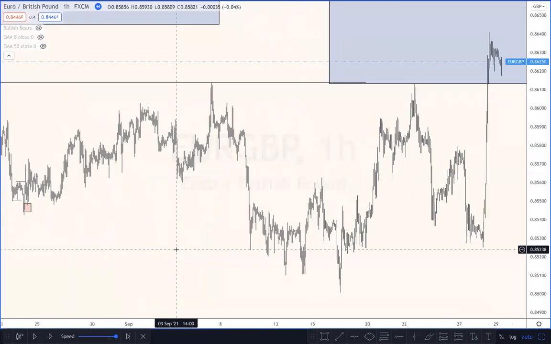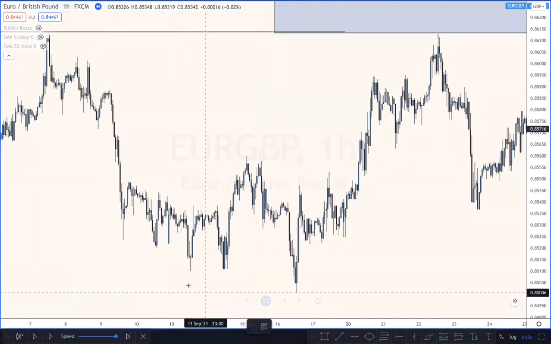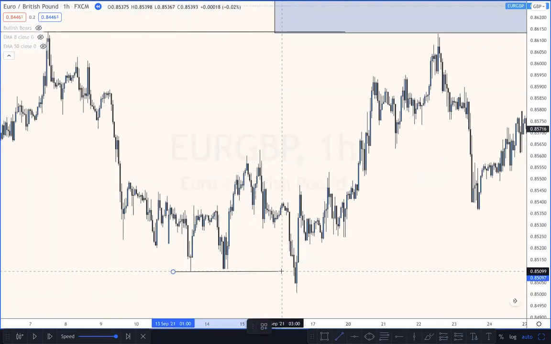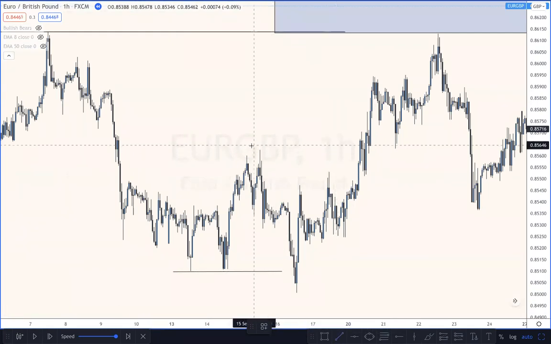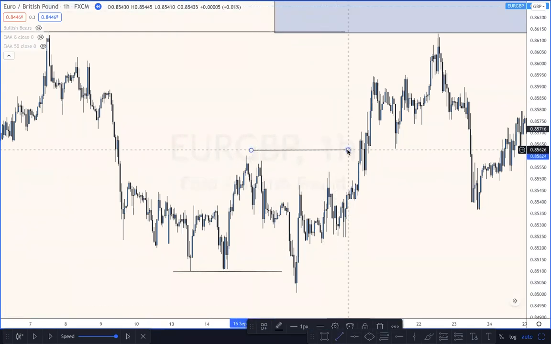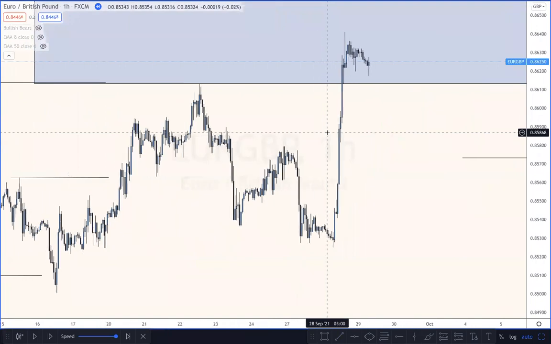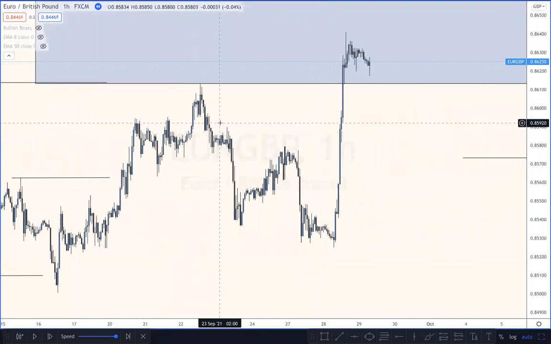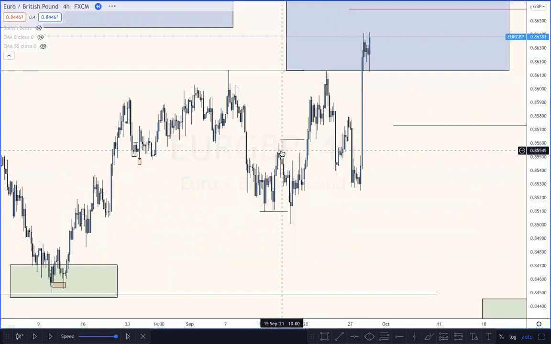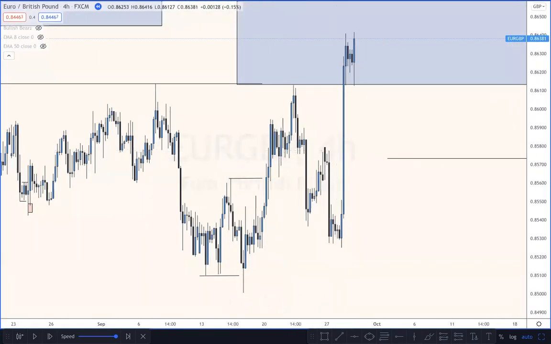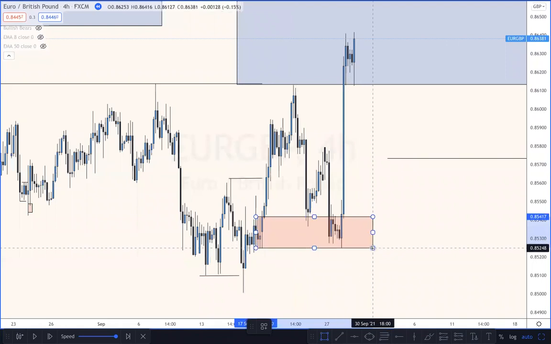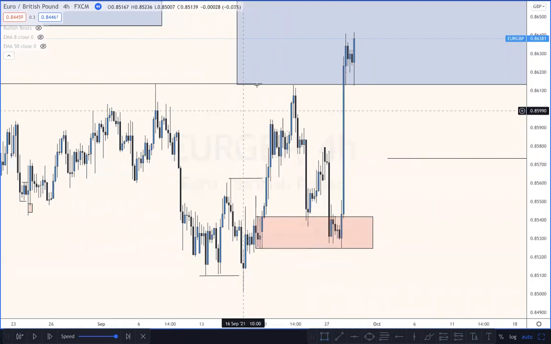What structure is this? Let's go to 4H. What structure do we have here?